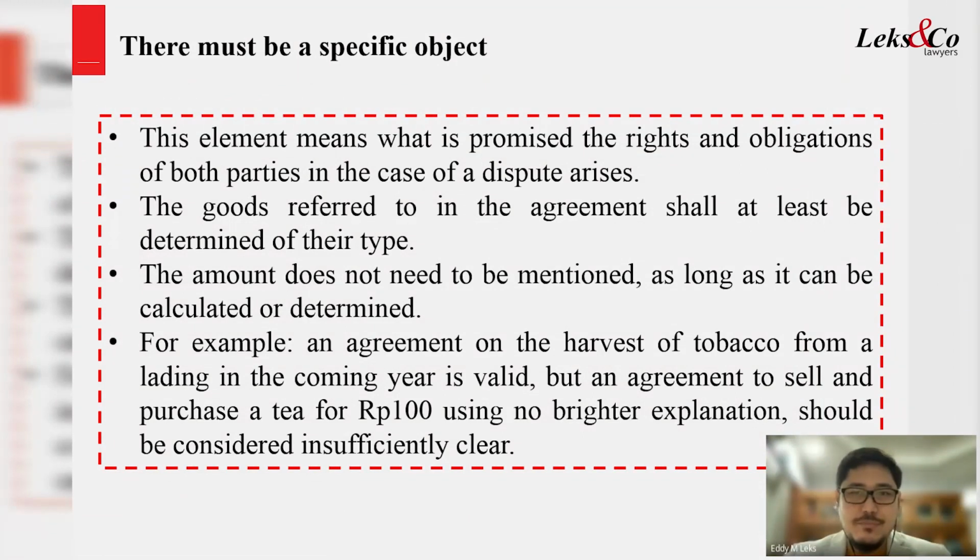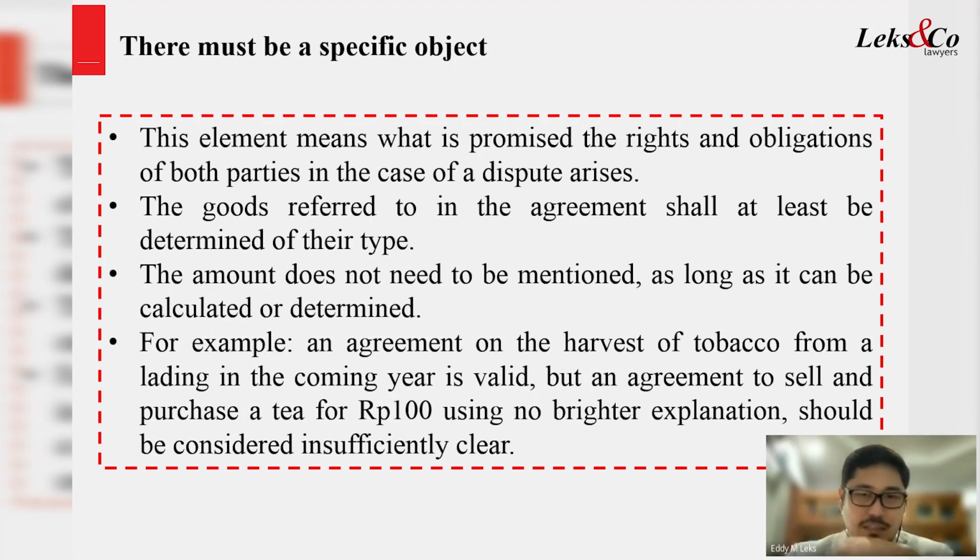Yeah. Of course, if you agree on something, there should be an object, right? If there is no object, then what's to be done? Yeah, what's to be agreed? This element means what is promised, the rights and obligations of both parties. Yeah. The specific object will relate heavily to the rights and obligations between the parties. The good referred to in the agreement shall at least be determined of their type.